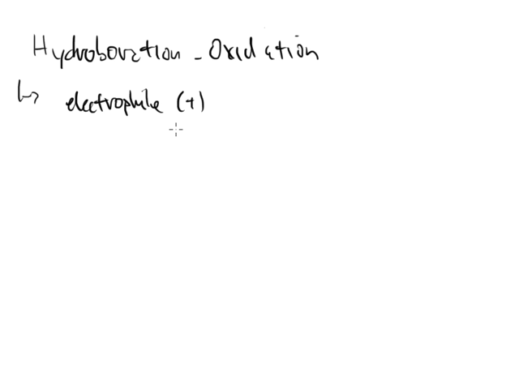Hydroboration oxidation also uses an electrophile. The electrophile here, though, is BH3. Now, BH3 does not carry a full positive charge, neither did the bromine diatomic or chlorine diatomic molecule. But BH3 was one of these pieces way back when we talked about nucleophiles and electrophiles, and we identified them.